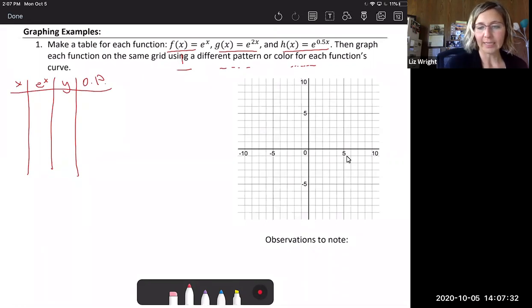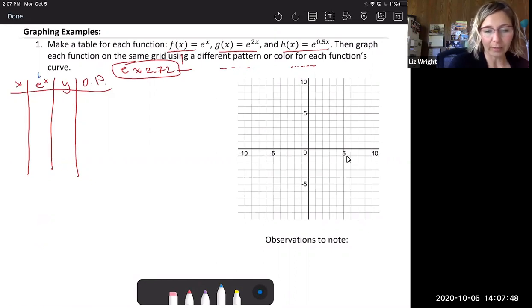Instead of doing an e, you are allowed to use 2.72 instead of e. So on mine, it's a little bit tricky to get to the e button. And so if you would rather, you are welcome instead right here to do 2.72 to the x. So you're plugging in 2.72 instead, your choice.